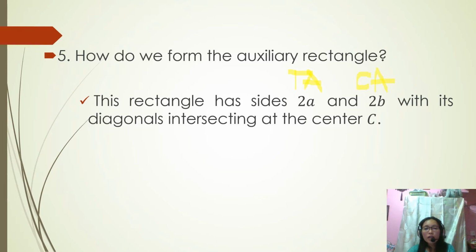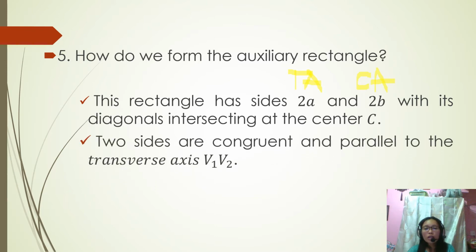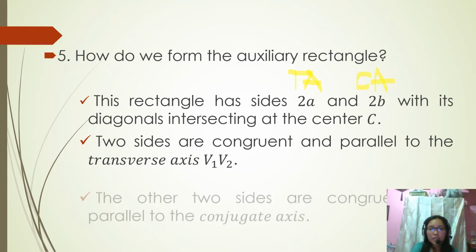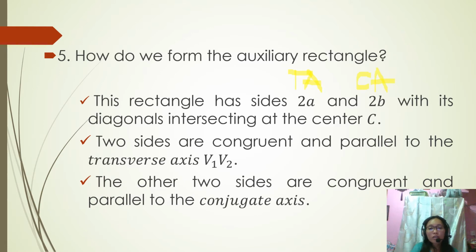Okay? So, rectangle siya. Two sides are congruent and parallel to the transverse axis, which contains your V1 and V2, or V sub 1 and V sub 2 vertices. And the other two sides are congruent and parallel to the conjugate axis.